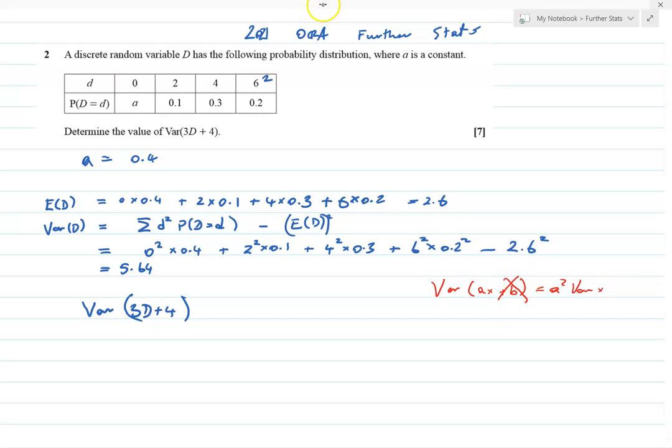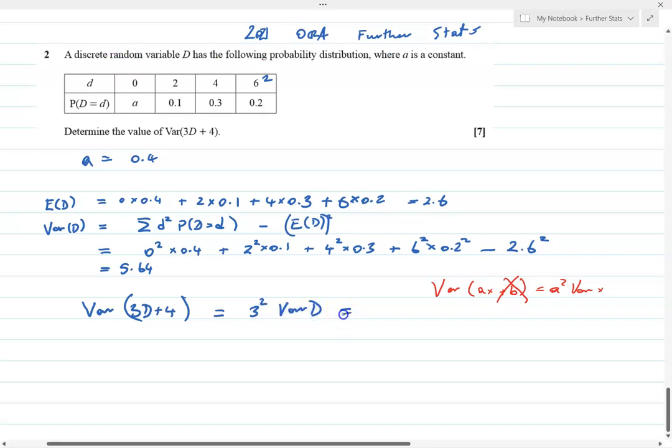So we just need to make sure we drop the 4, put it in, so that's equal to 3 squared times var D. So that's 9 times 5.64, and that comes to 50.76.